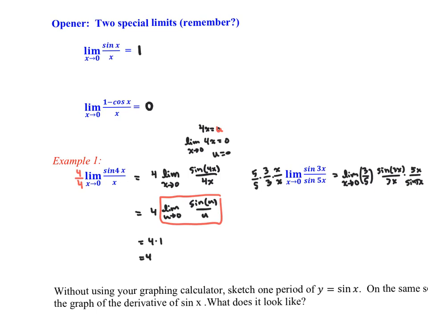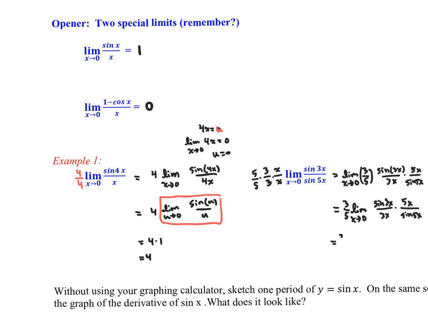Okay, so now what you'll see is very similarly to what we had over in example 1. I've got 3/5 times the limit as x approaches 0 of sine of 3x over 3x times 5x over sine of 5x.